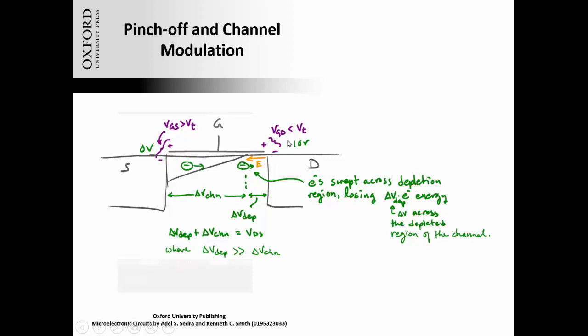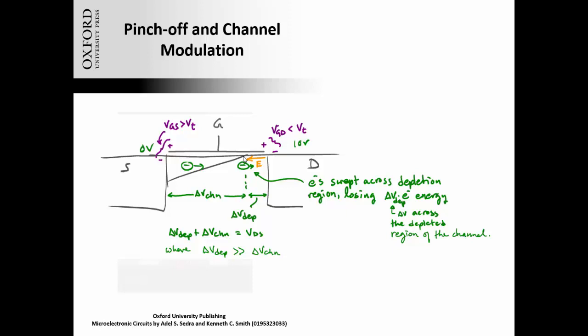Well, if we continue increasing the drain voltage, there will be a slight modulation of this channel. It will shorten a little bit, okay? If it shortens a little bit, then we have the same potential difference, 0 volt to 1 volt, but now it's divided by a slightly shorter distance.